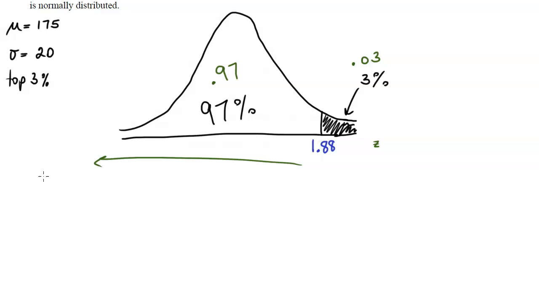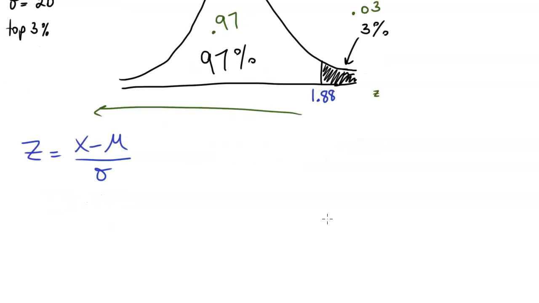So let's write that. Now, depending on how much you remember from the lectures, you might remember an alternate version of this formula, where you're solving for x. X equals z sigma plus mu. That's if you solve this for x, right? Cross multiply z sigma, add mu. You can use either formula to get there, right? And I'll use both of them.